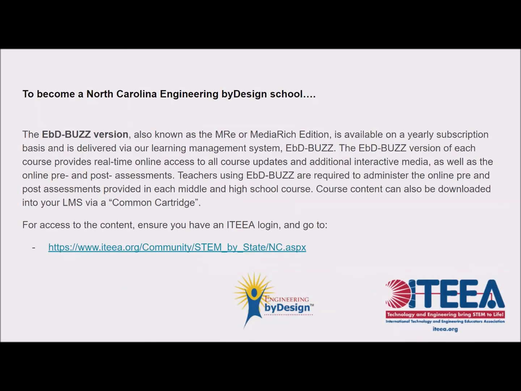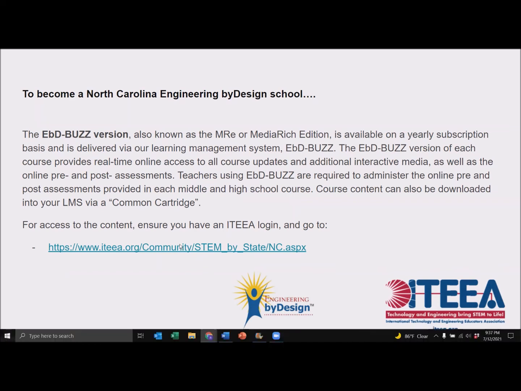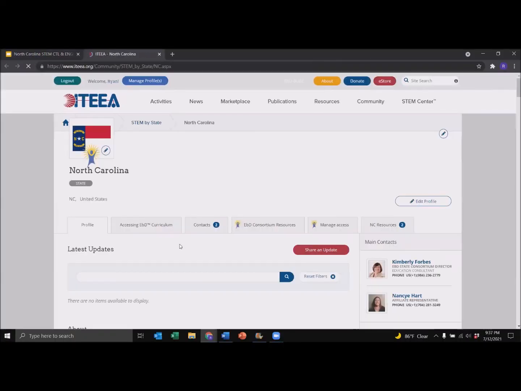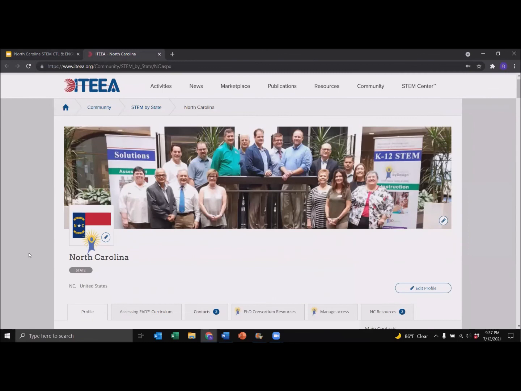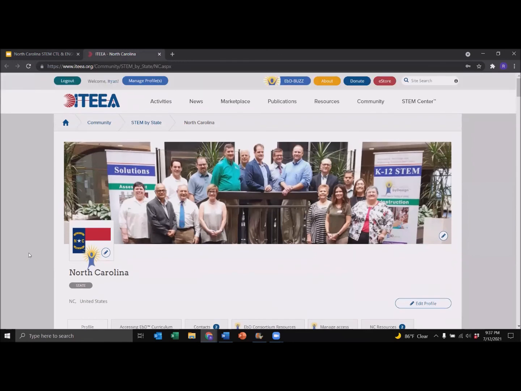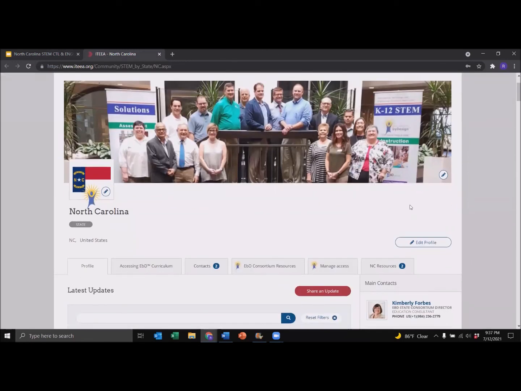And if you'd like further information to ensure that you get access to your ITEA content or Engineering by Design content, make sure you left click on that link. It'll bring you directly to your North Carolina site. Got to make sure you're logged in. Got to make sure that you click the little button that was over here so you can get access to resources.